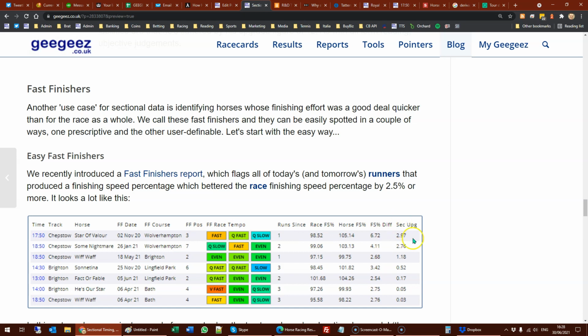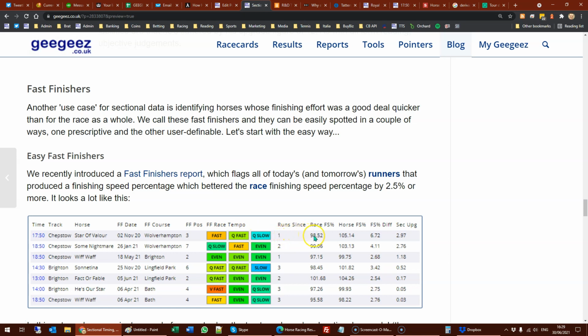But more importantly, I think what I want to highlight here is the finishing speed difference. This 6.72 and 4.1. So the race finishing speed for the race in question here, which actually was at Wolverhampton, where Star of Valor finished third, the race was fast early and slowed up late. That's what this race tempo tells us.